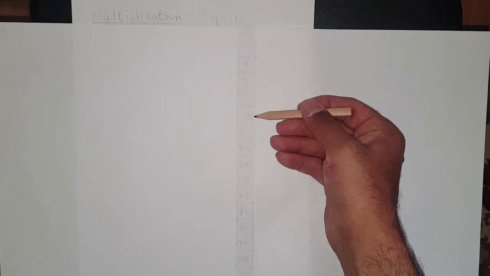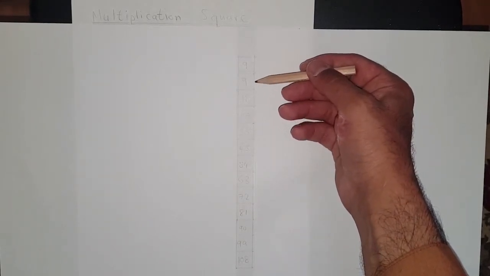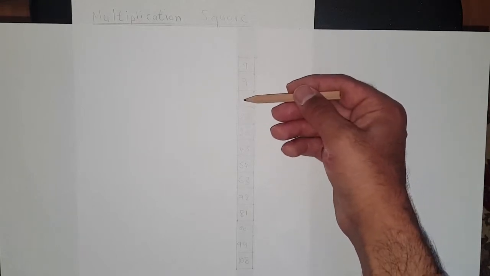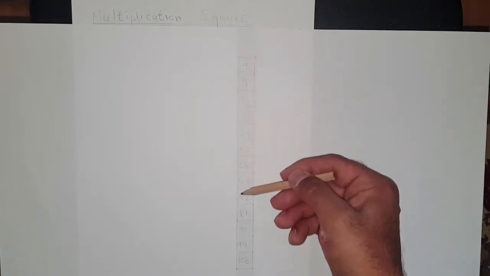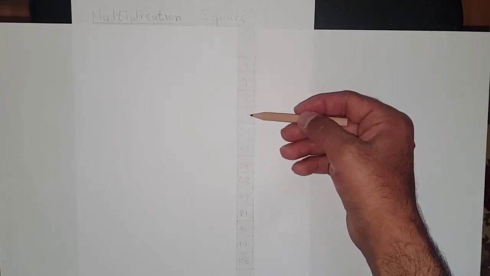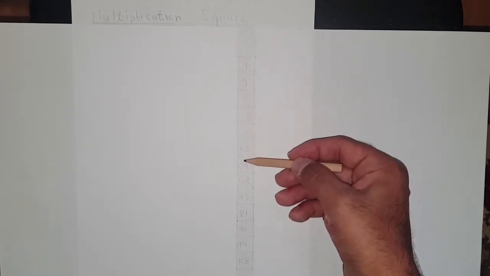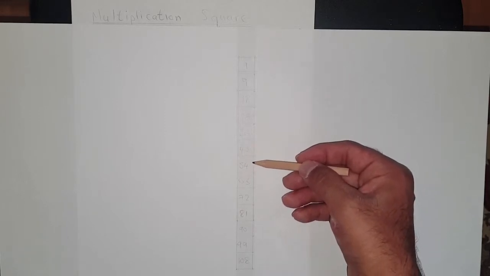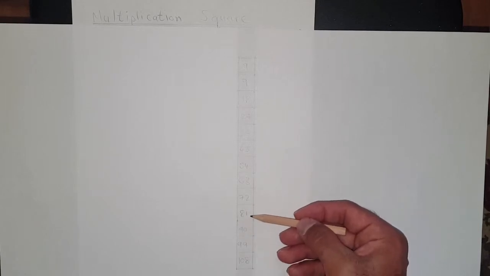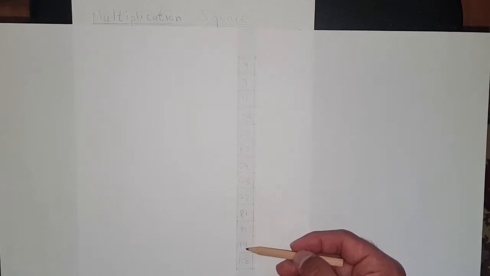Add 10 to that, it'll be 28, but 1 less, which is 27. Here you can see the pattern on the chart here. It gets 1 less on this side, but grows in 10s on the other side. 9, 18, 27, 36, 45, 54, 63, 72, 81, 90, 99, 108.